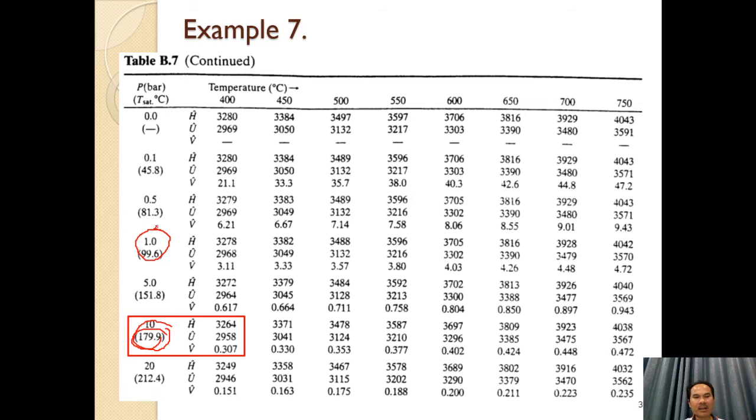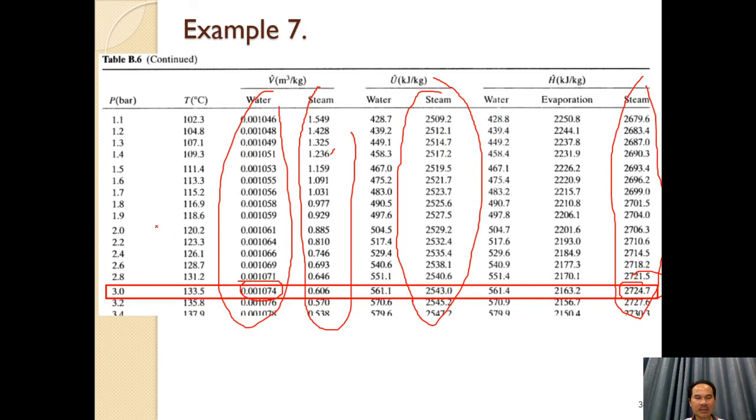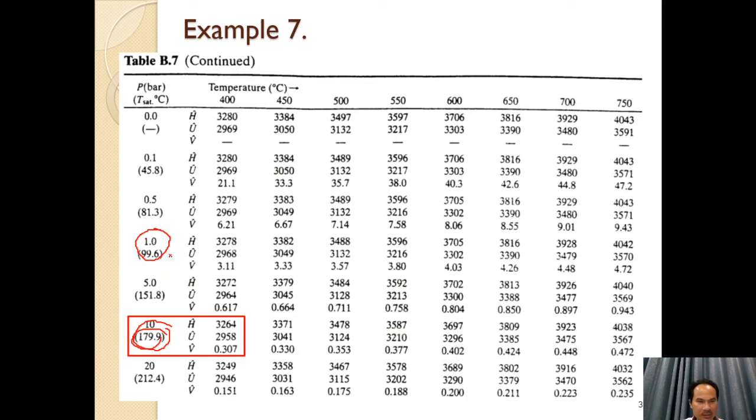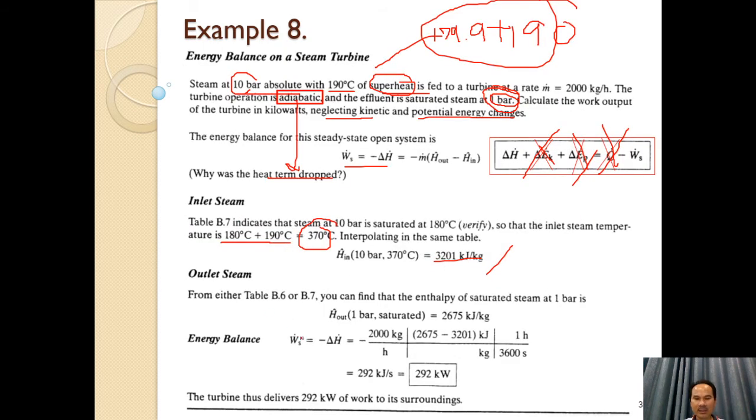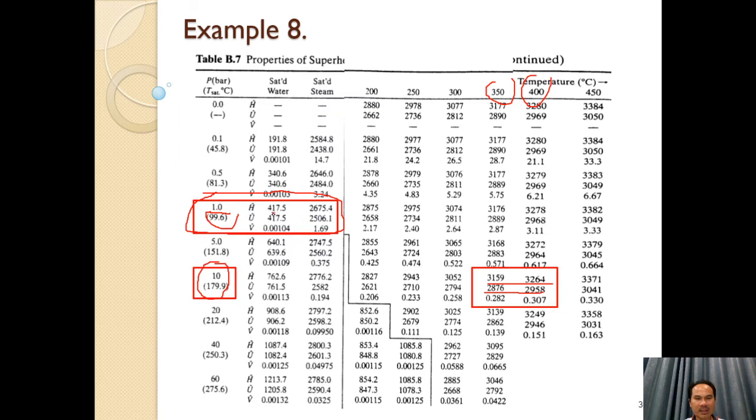In the table, the saturation temperature is 99.6 degrees Celsius, approximately 100 degrees Celsius. And then you get the enthalpy of saturated steam, that's right, saturated steam is 2675.4.